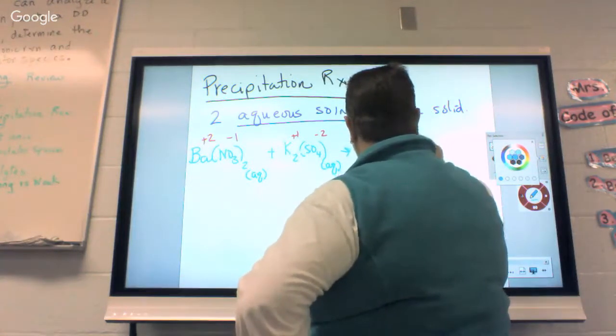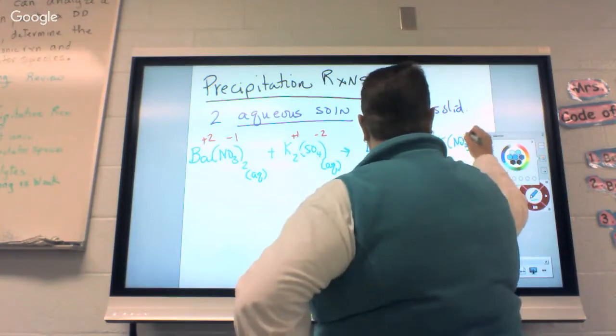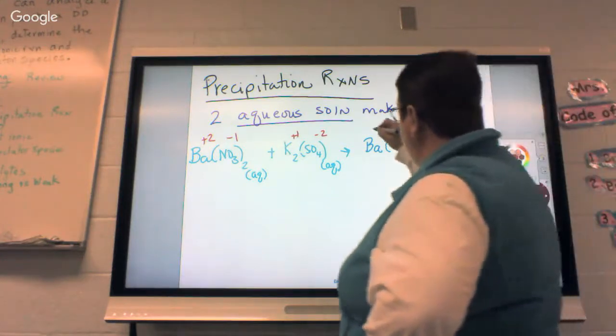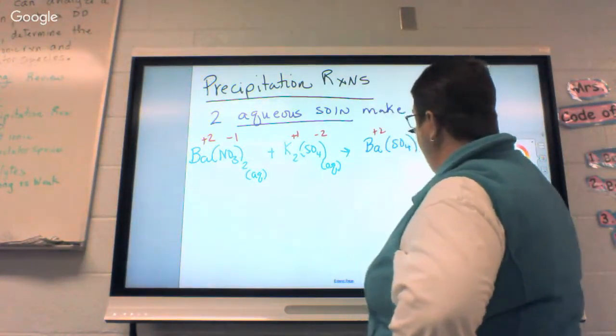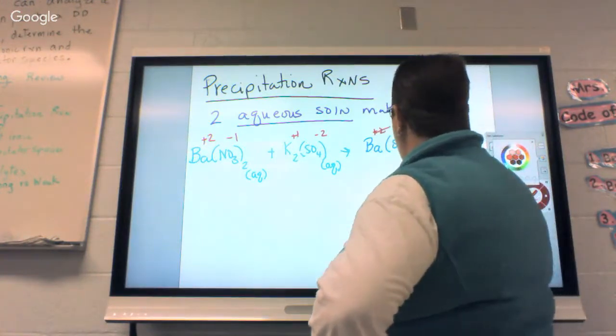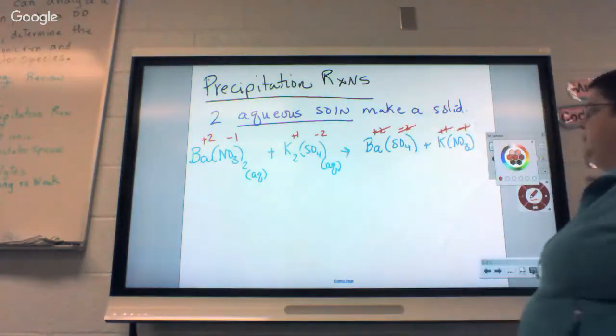Okay, and who's going to be with K? Okay. Now, notice the only numbers that came across were inside the what? All right, so what do I need to do now that I have switched them? All right, so Ba is +2 and SO4 is -2. So what happens to those? Good. And K has a +1 and the NO3 has a -1, so they cancel out too.